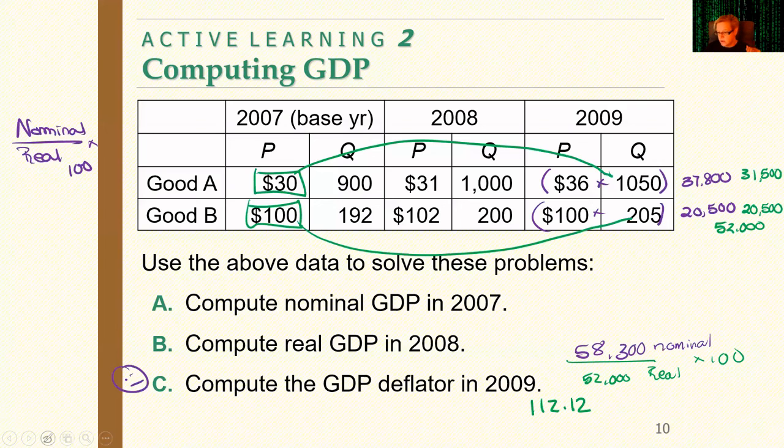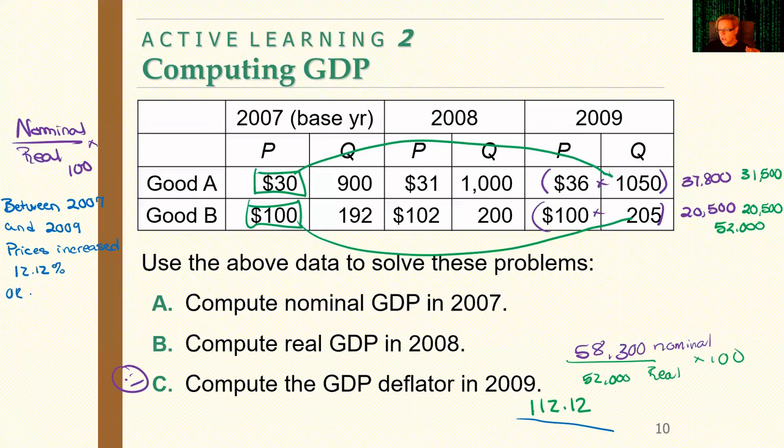So let's do the interpretation of this because I really want to make sure that you understand it. So this 112 says that between, now remember dates matter, 2007 and 2009, prices increased, because it's greater than 100, 12.12%.